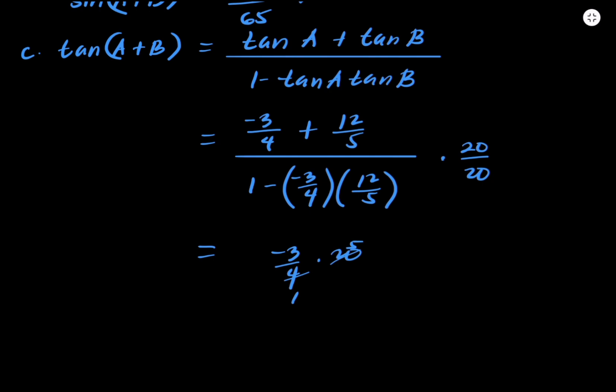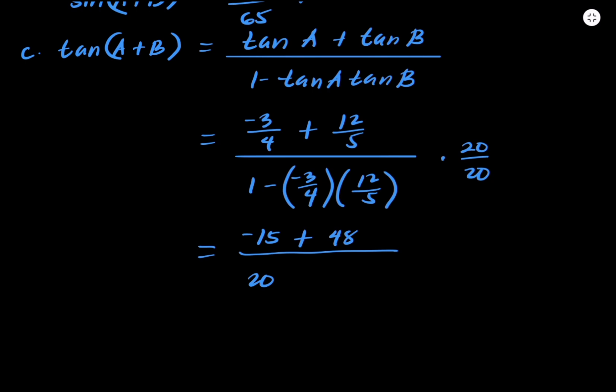This is 1, this is 5. So this is negative 15. So something like that, for easy simplification of this complex fraction. So this is negative 15 plus, this is 4 times 12. 4 times 12, that is 48. All over, this is 20.